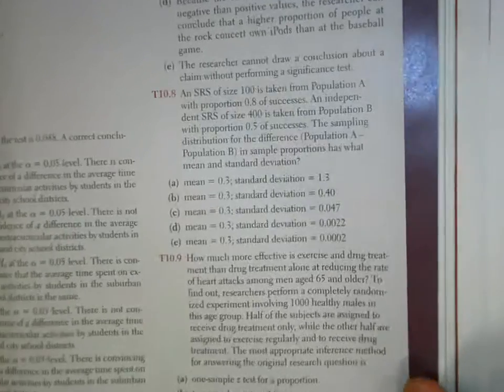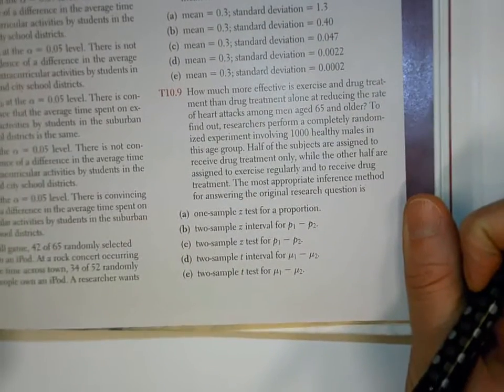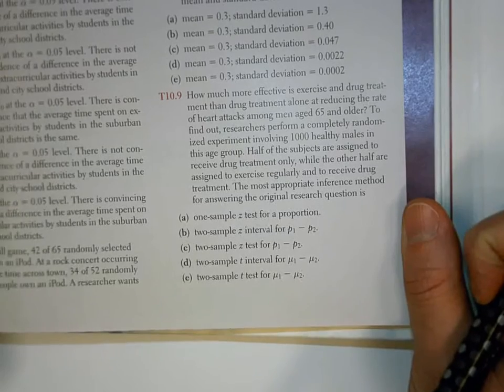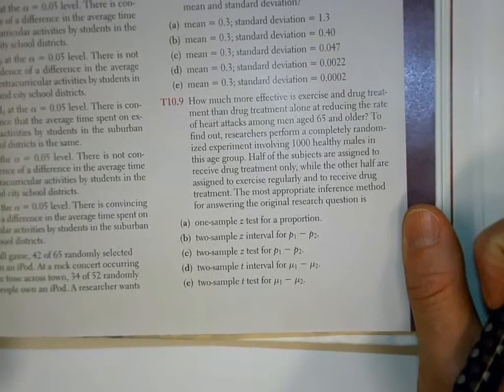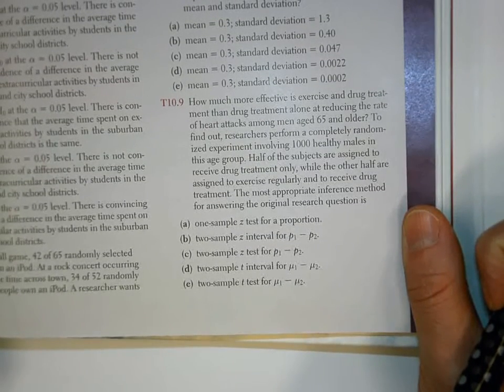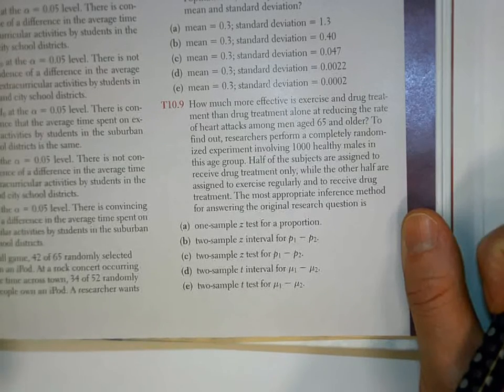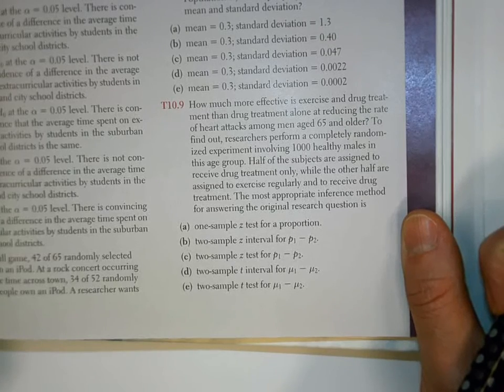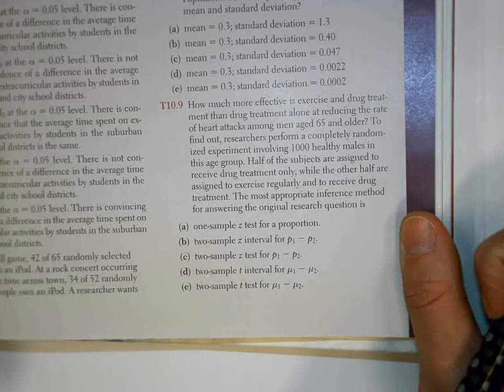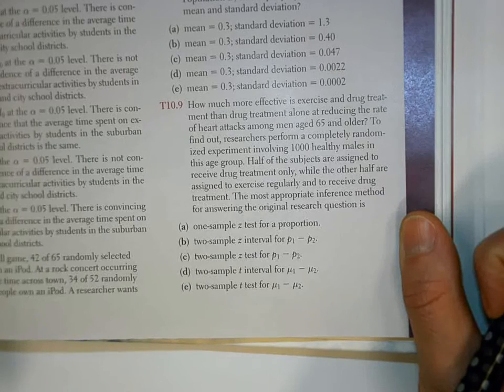Half of the subjects are assigned to receive drug treatment only, while the other half are assigned to exercise and get the drugs. So there's two different groups getting two different things. The most appropriate inference method for this would be, we have two groups doing two different things. They can't be matched.